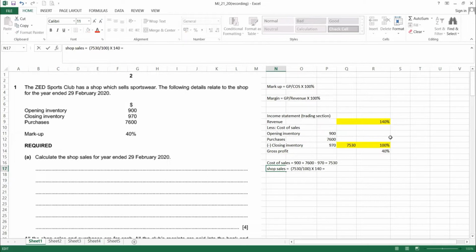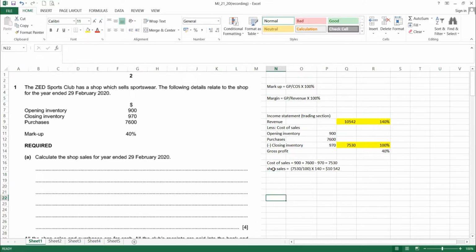Let me calculate. Give me a minute, I calculate in here. So take this, divide by this, times 100%. So we get this one, 10,542. Okay, so this is the amount that we get. This is the shop sales amount.